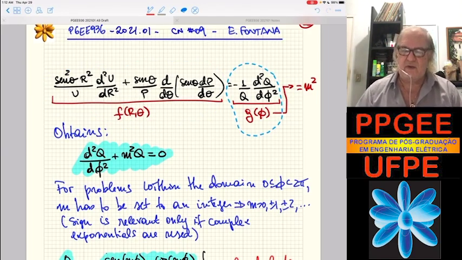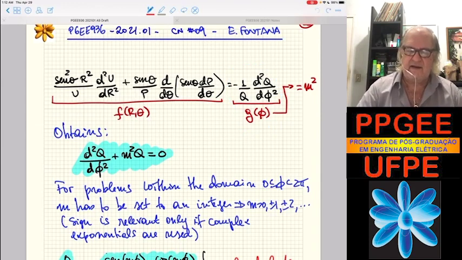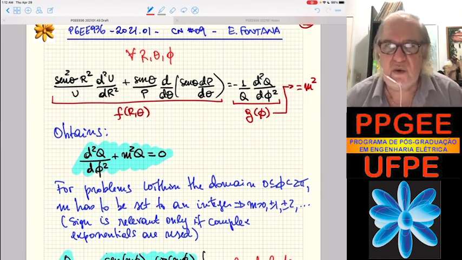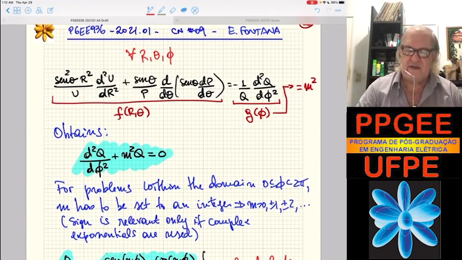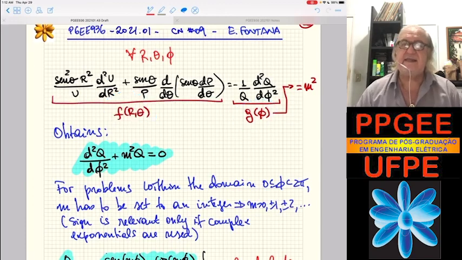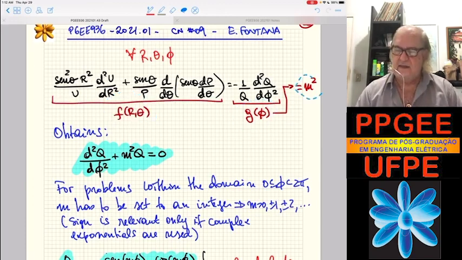And they want to be equal for any value of r, theta, phi. I don't know what those functions are, okay? So the only possibility is that those functions are constants, okay? And let's assign a constant, m squared.